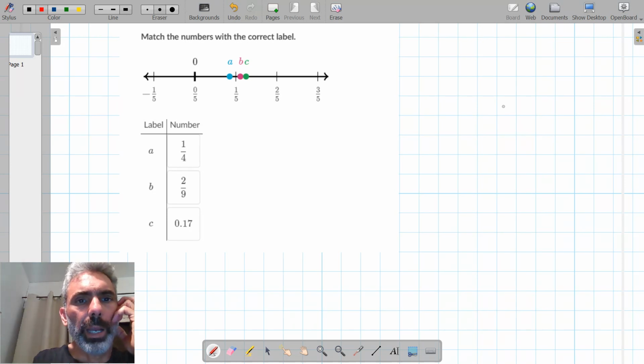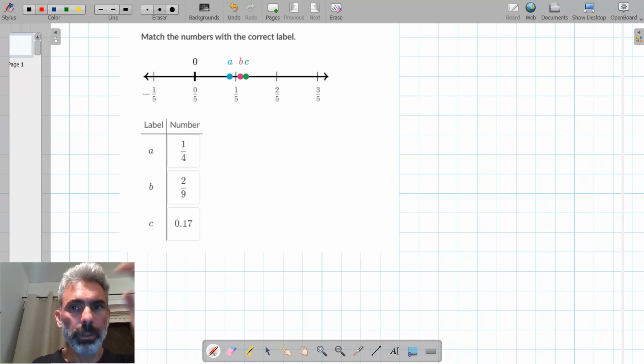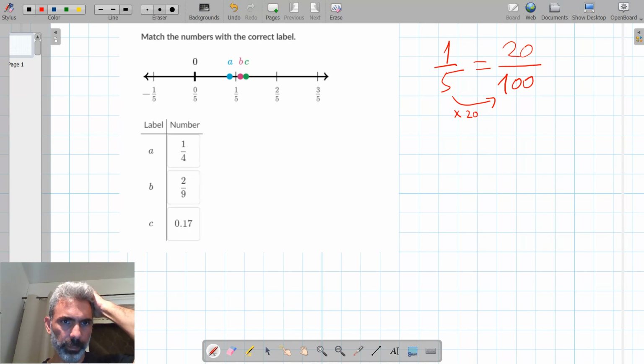So I have three numbers and it's 1/5 in the middle. I need to convert them all to a fraction with the same denominator. So 1/5 is 20 hundredths, because to go from 5 to 100, we multiply 5 times 20. So 1/5 is the same thing as 20 hundredths.